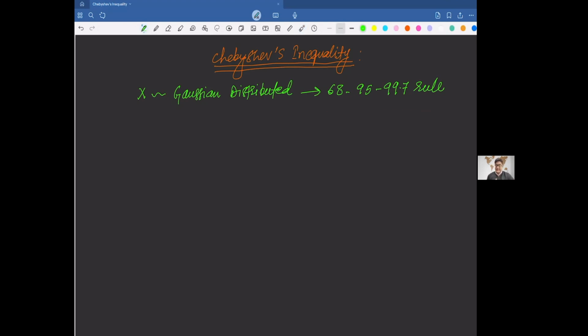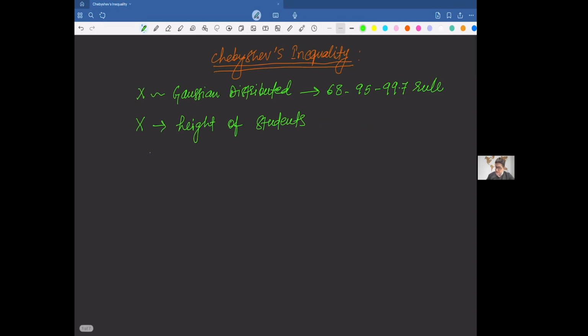For example, let us say the random variable x represents the heights of students in a college. If we know that the heights are Gaussian distributed, or normally distributed, then there are three things.